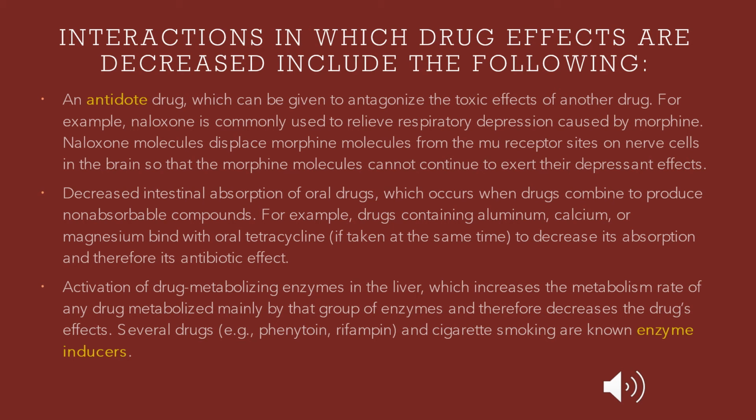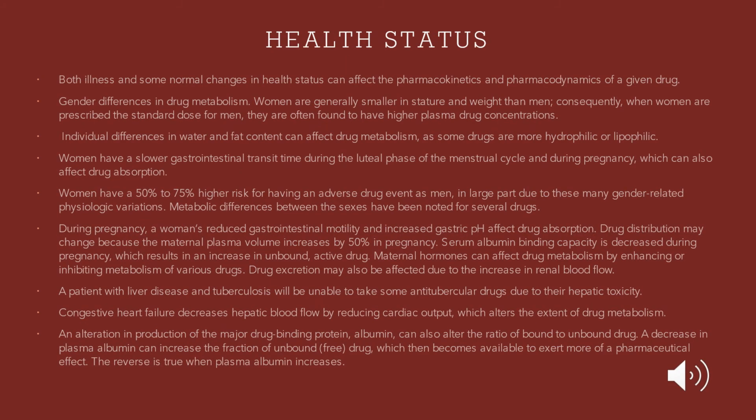Activation of drug metabolizing enzymes in the liver, which increases the metabolic rate of any drug metabolized mainly by that group of enzymes and therefore decreases the drug's effect. Several drugs such as phenytoin, rifampin, and cigarette smoking are also known as enzyme inducers.